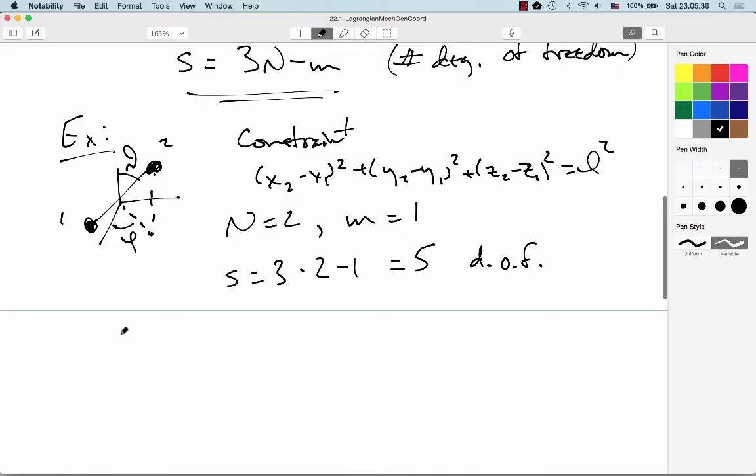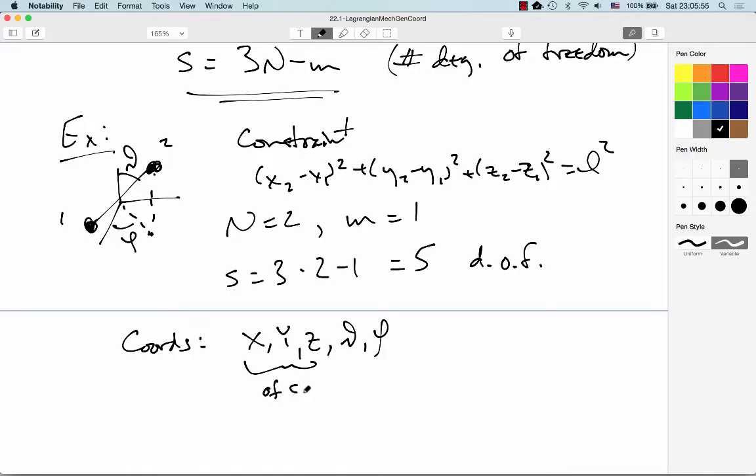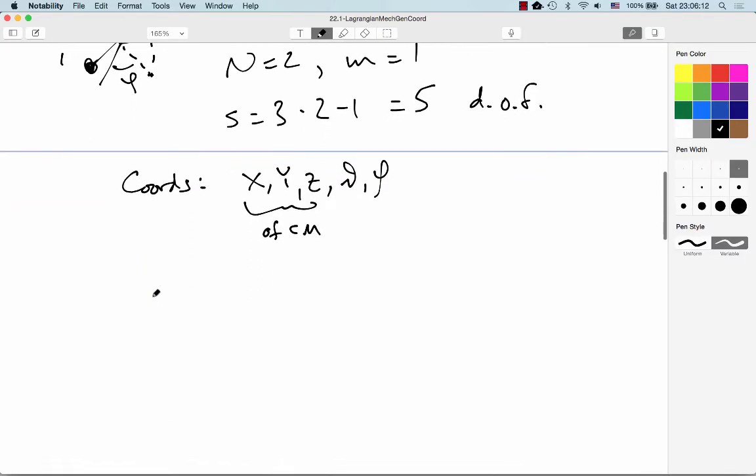But a good set here would be to pick the capital X, capital Y, capital Z, theta, and phi, where this is the coordinates of the center of mass. Then theta and phi show the orientation of the dumbbell. All right. So that would be a logical set. I'm sure you can come up with others, but that's the one that I would go with.